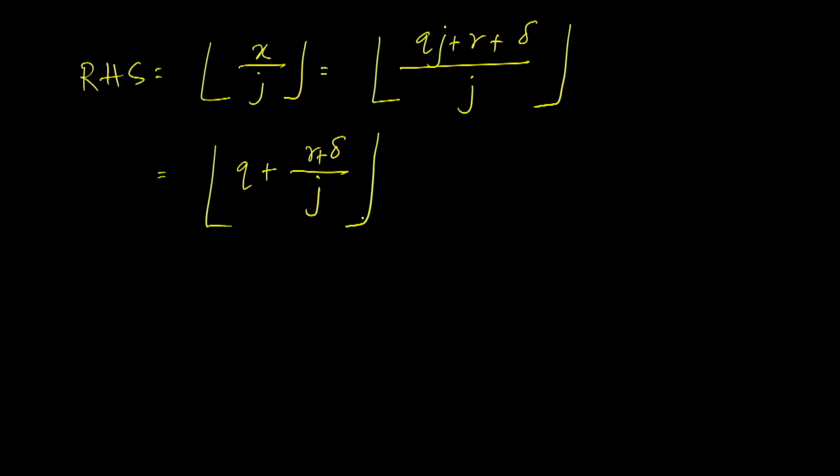But r plus delta is less than j. r is less than j, so r can be at most j minus 1, and delta is strictly less than 1. So, r plus delta is less than j. Therefore, the fraction r plus delta by j is less than 1, so this would be q, which is the same as the left hand side. So, the theorem is then proved.